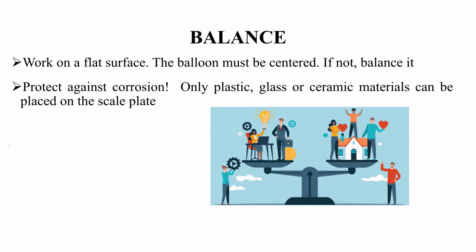This balance should always be put on a flat surface. Usually balances have a level bubble for centering. We protect the balance, which usually has metallic parts, from acids and other aggressive liquids.